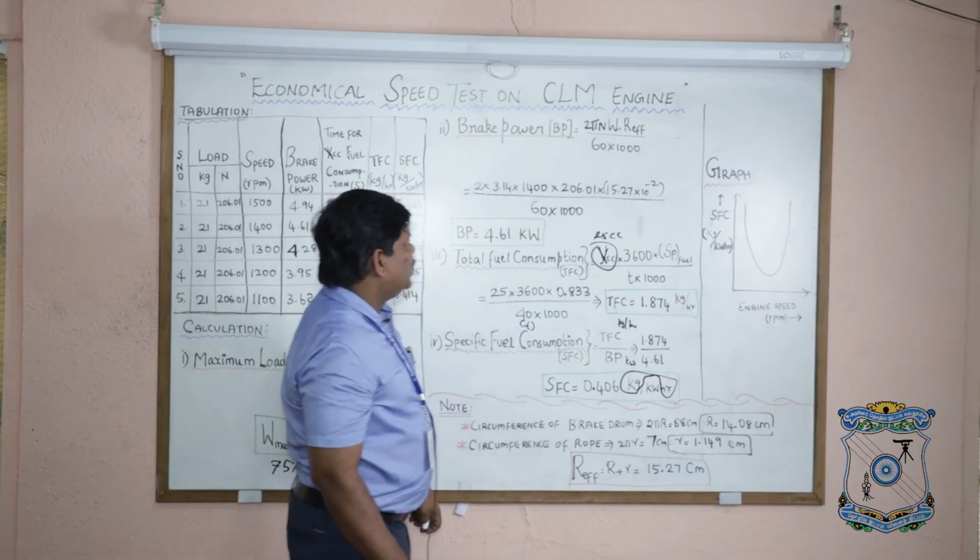We varied the speed from 1500 to 1100, and you can vary up to 900 rpm if you are not getting the economic speed. When you go below that, you will see some vibrations in the engine. So it is advisable to go only up to 900 rpm in case of this CLM engine.